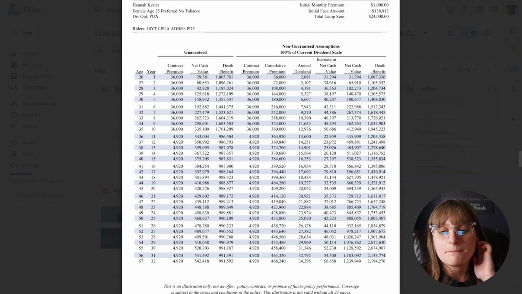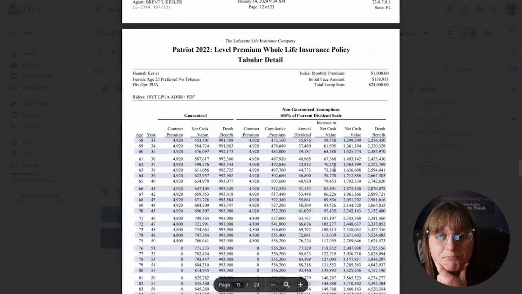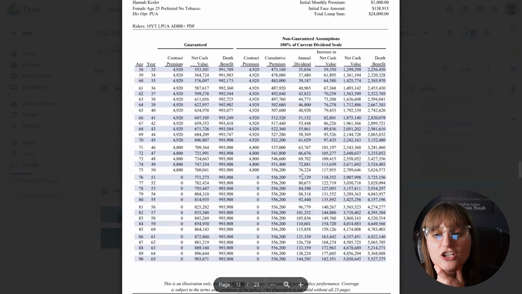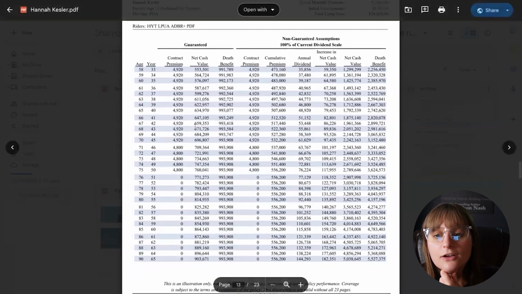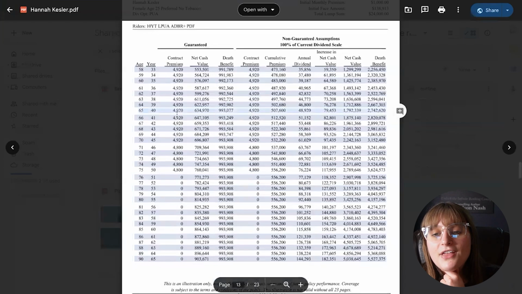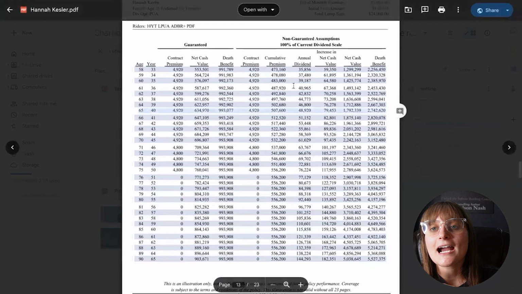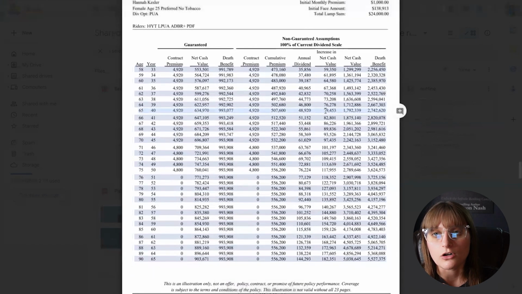So look here, this is what I love about this company's illustrations. Let's say that at age 65, I want to retire. With, let's just call it, a $5,000 net injection, my cash is growing by $79,000.